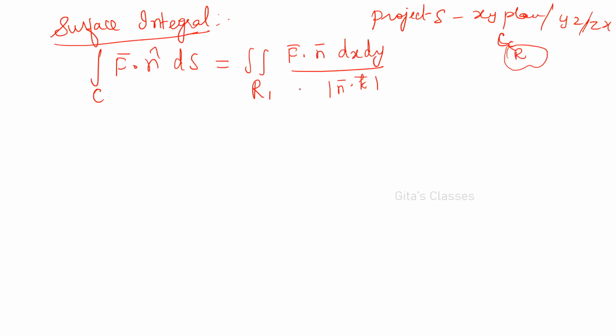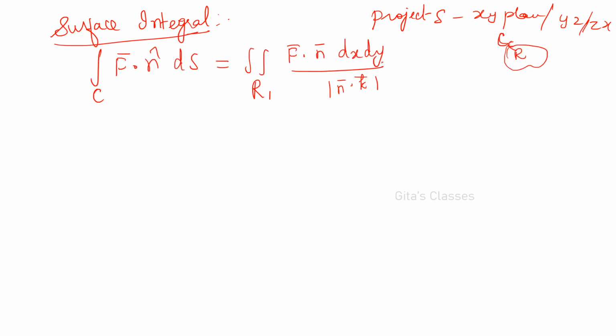Similarly, if you project it on the yz plane, this will become dy dz, and n dot i you will get. Similarly, dx dz means n dot j. Unit outward normal to the surface. The xy plane means k is the unit outward normal, that is along the z axis. The z coordinate will be k. That is why it is n dot k, where n is the unit outward normal.